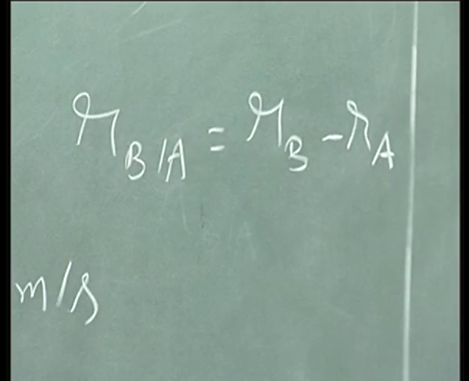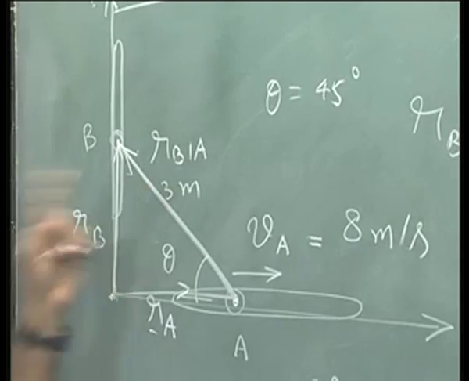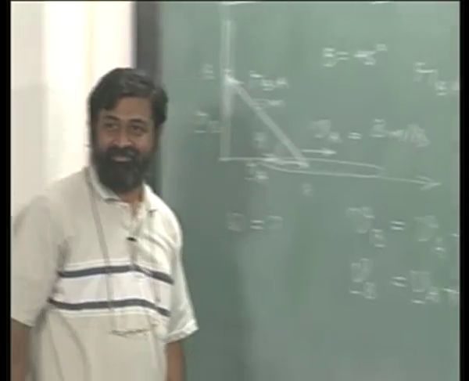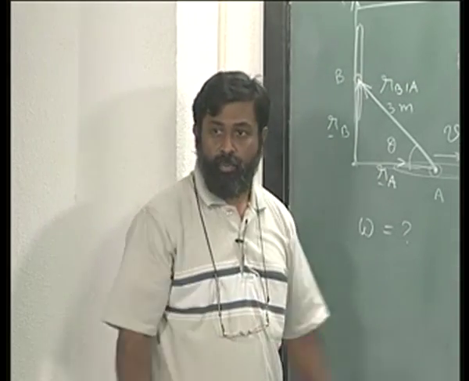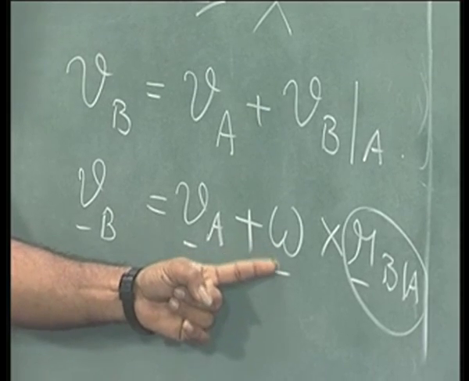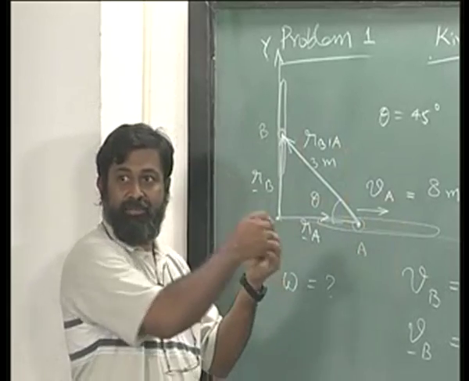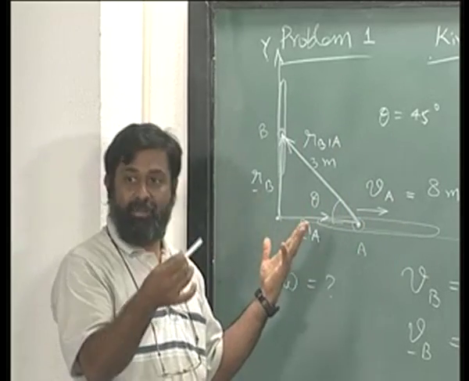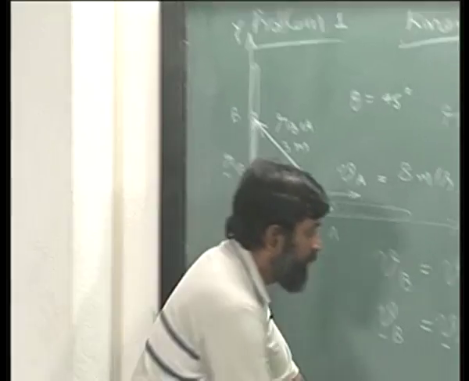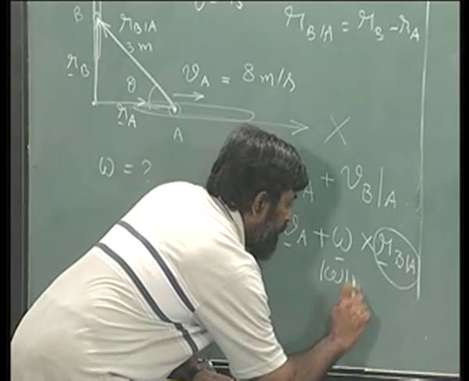Since I know this particular R of B with respect to A, because the length is also given, the complete vector I know. What is the direction of omega? Since this is on the plane, the direction of omega is perpendicular to the board. So, I know the direction of omega. What do I know here? I do not know the magnitude, I know the direction.